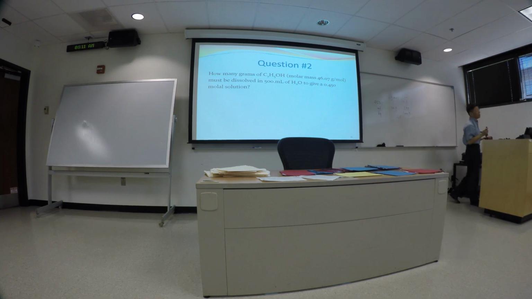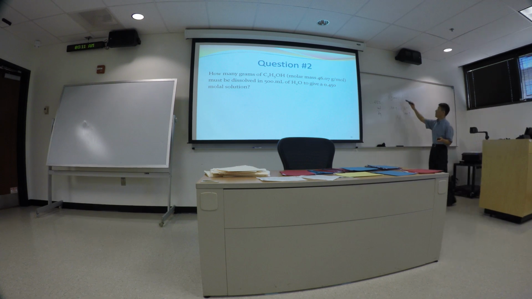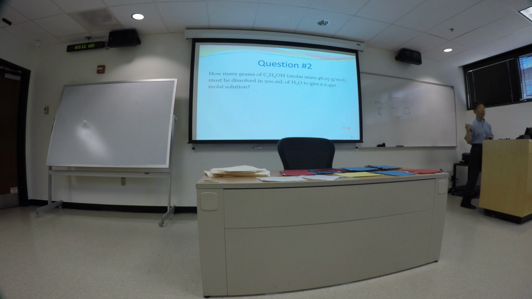If you don't know how many grams of ethanol you need to measure out, assume it's X. X times the molar mass, 1 mole equivalent to 46 grams. In this case, gram and gram will cancel out. So basically, X is your unknown. You get the moles there. If you plug in the numbers correctly and calculate X, it's 10.4 grams. So you need to measure out 10.4 grams of ethanol, put it into 500 milliliters of water, and you get the concentration.